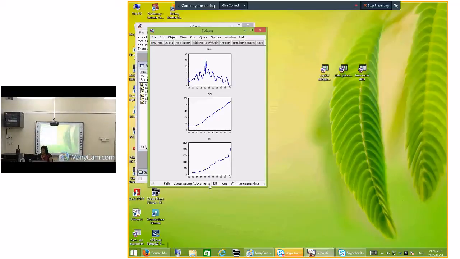So if you use this data as it is to analyze by using regression, then your results will become nonsense. It is not realistic. So let's use this.